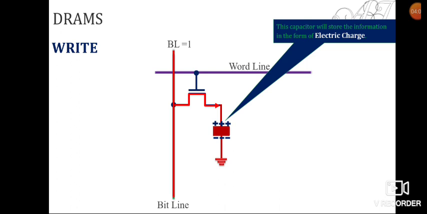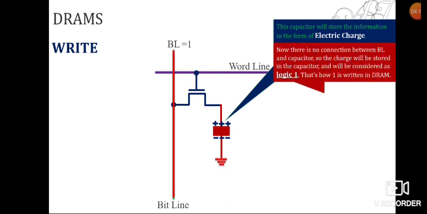If the gate is disabled, then the transistor will also be turned off. Now as you can see, there is no connection between the bit line and the capacitor. So the charge being stored in the capacitor will remain as it is, and hence we can say that we have stored 1, or logic 1, inside the capacitor. This is how we perform a write operation in the DRAM.